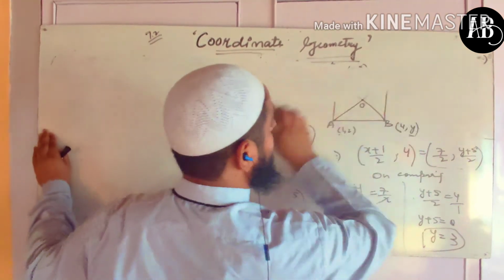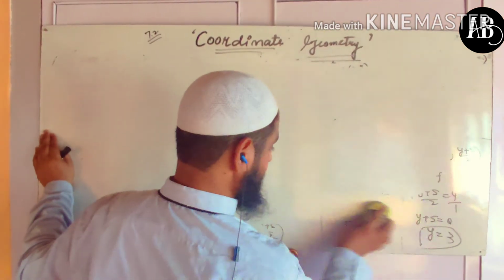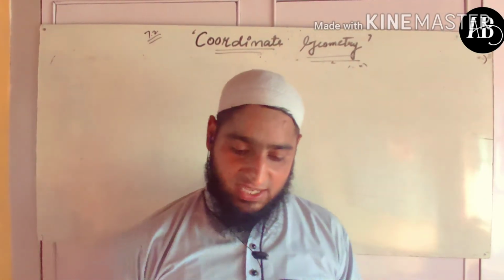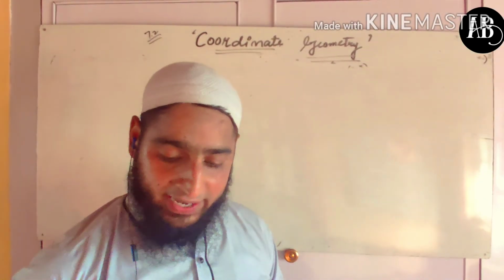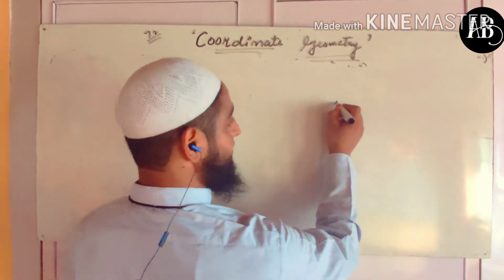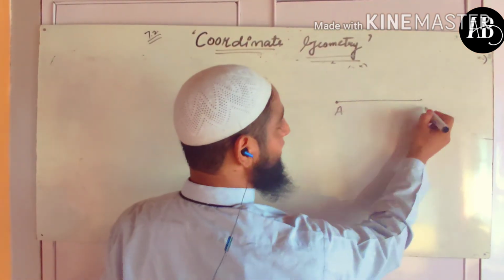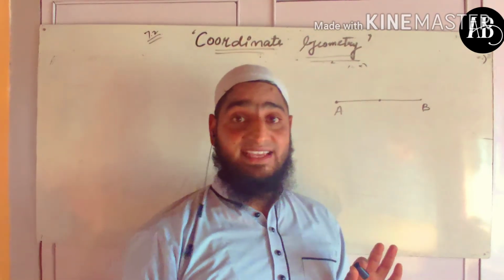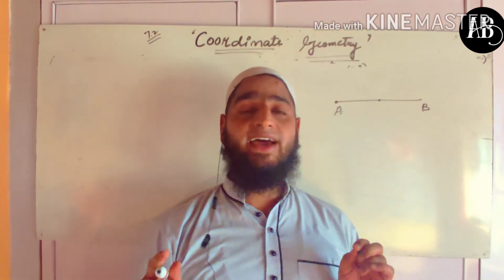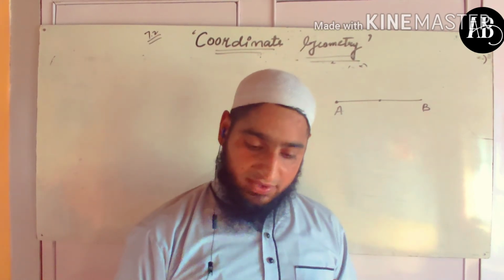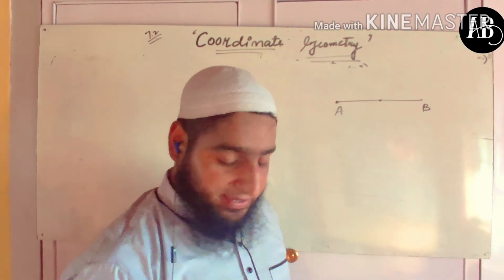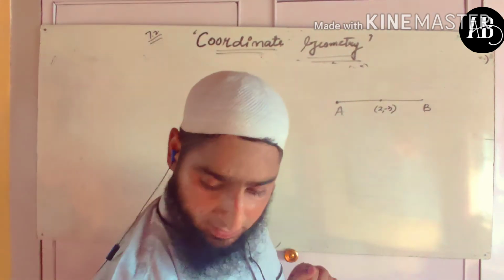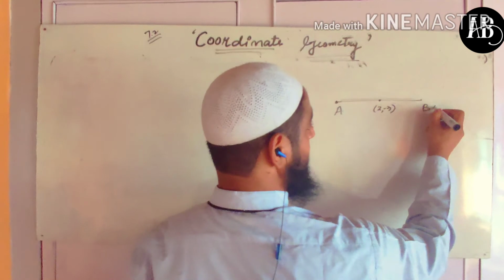After that, question number 7. What does it say? Find the coordinates of A where AB is the diameter of the circle. AB is the diameter of the circle. It means here it is the center. You know that the center is the midpoint of the diameter. And we are given that the center C is (2, -3) and B is (1, 4).